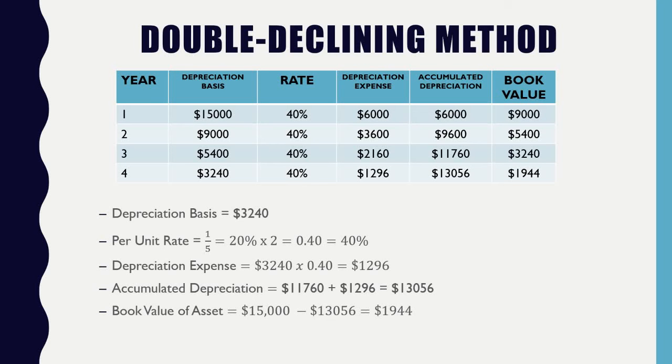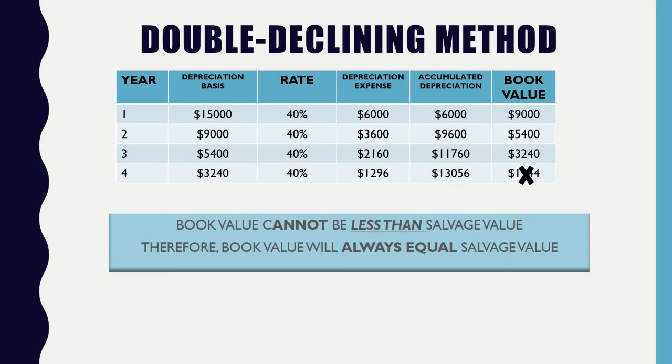But in this case, it's only in year 4, and my book value has fallen below salvage value, okay? Once I'm here, I cannot ever have my book value be lower than salvage value. So in this case, I have to work backwards, okay, to get to where I need to be.